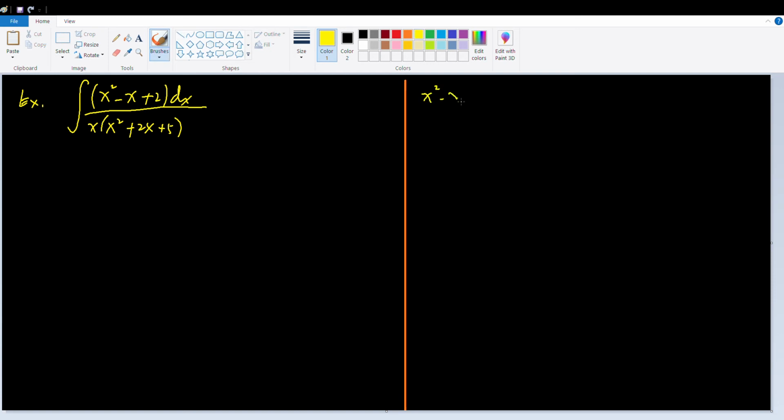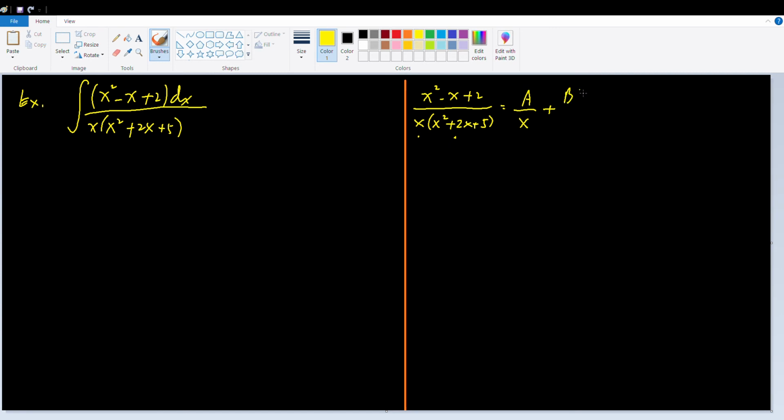X squared minus x plus 2 all over x squared plus 2x plus 5 is quadratic. So the denominator is again a combination of a linear factor x and a quadratic factor x squared plus 2x plus 5. So one partial fraction for the factor x and another for the quadratic factor.